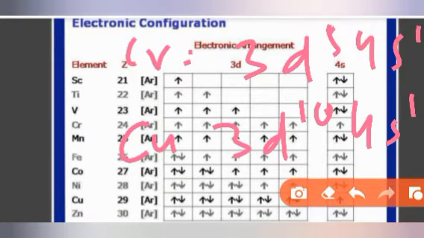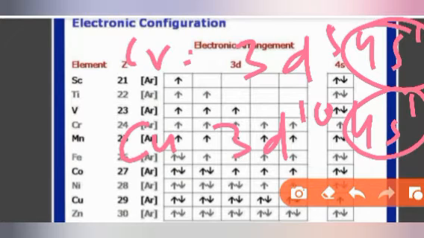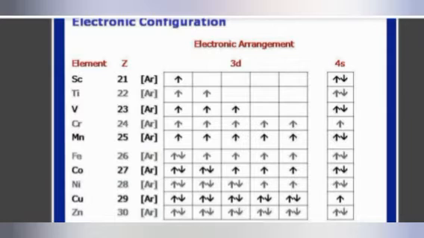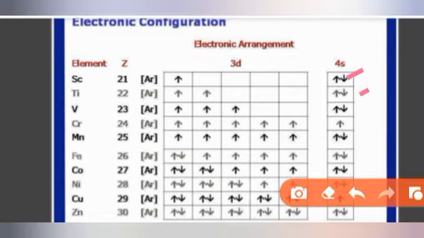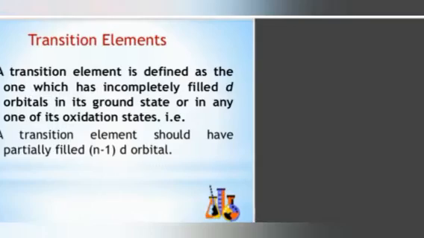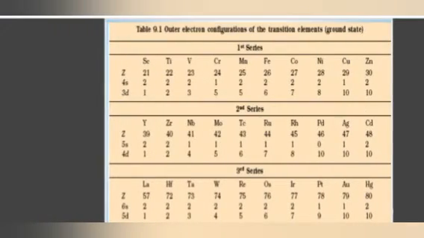Only chromium and copper are the two elements with 4s1. In all the rest of the elements you get 4s2. After electronic configuration, we have the general electronic configuration of the transition elements, which you should now practice.